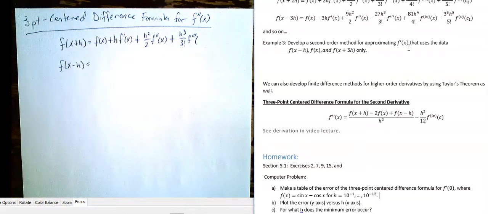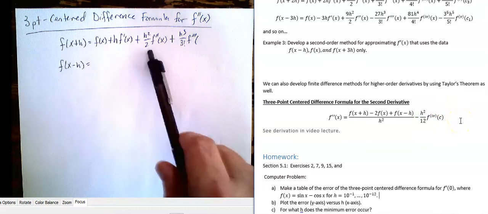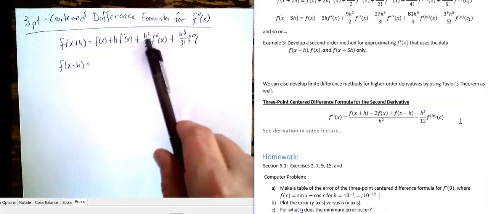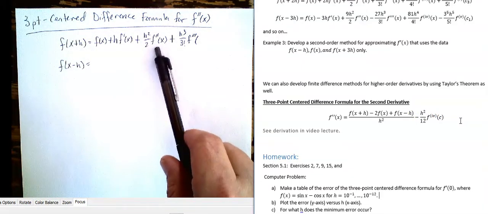Now, how do we know when to stop? Well, we know that this method is going to be order 2. We've gathered that from the actual formula that's given here, right? So it's order 2. So we know at some point we're going to have to divide by an h squared to get the f double prime by itself.